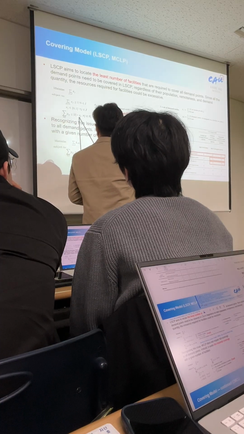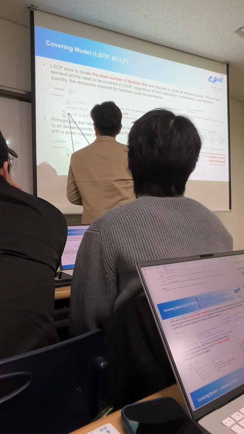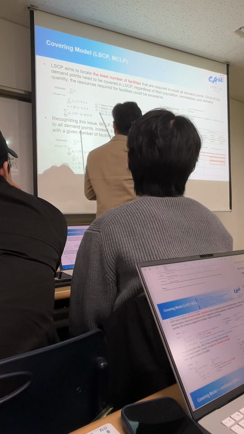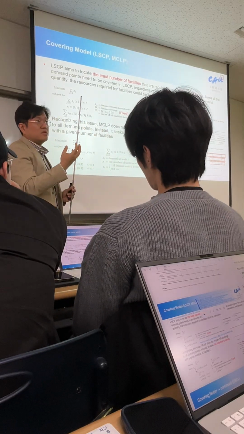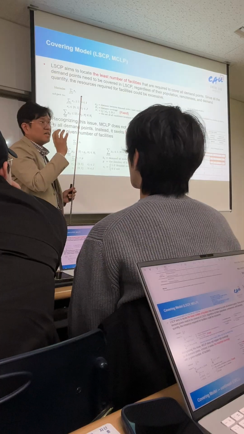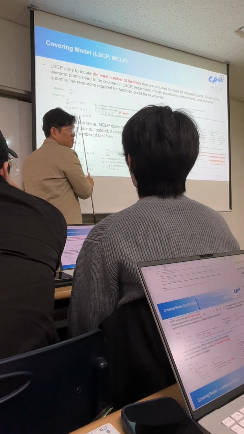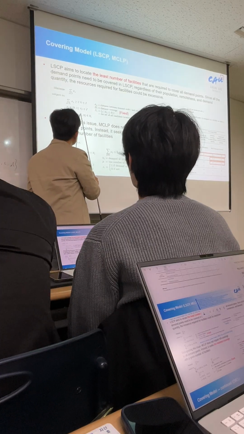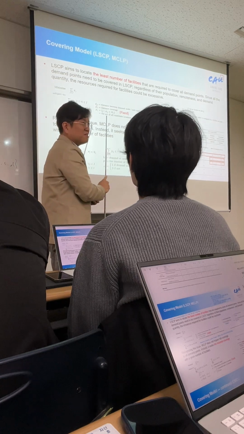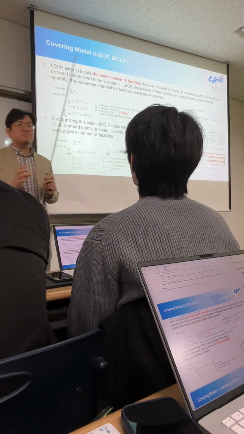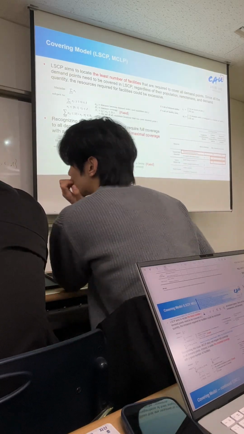And then xj should be smaller than the sum of yij. It means, for example, if you do not set up any facility over the site j, then that is 0, isn't it? So it should be 0. So 0 multiplied by the size of I, that is 0, isn't it? So without setting up the warehouse over the city, you cannot serve that city.